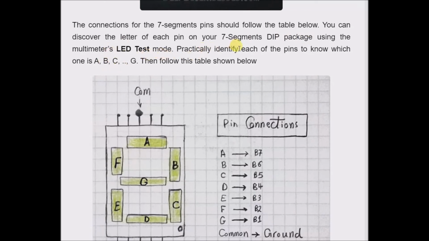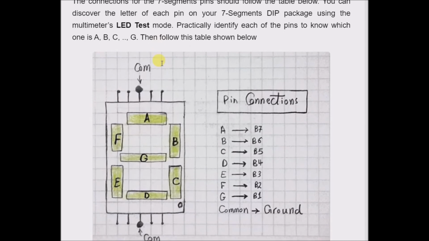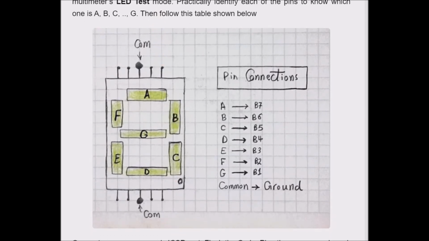Practically identify each of the pins to know which one is A, B, C to G, then follow this table shown below. Connect your programmer's ICSP port, flash the code, plug the power supply, and test this out.